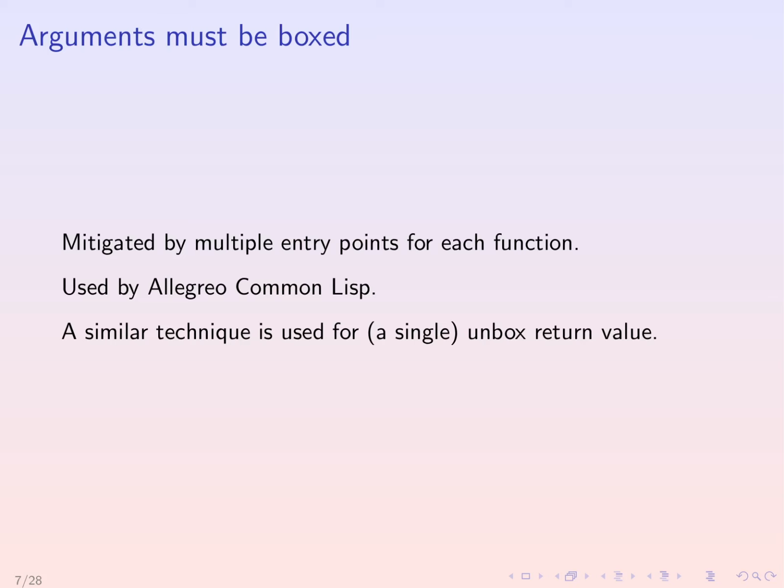There are ways around this requirement that arguments must be boxed. One way is to have multiple entry points for each function, so that one entry point accepts boxed arguments and another entry point accepts unboxed arguments. In particular, that technique is used in Allegro Common Lisp. They also use a similar technique in order to avoid boxing when there's a single unboxed return value.